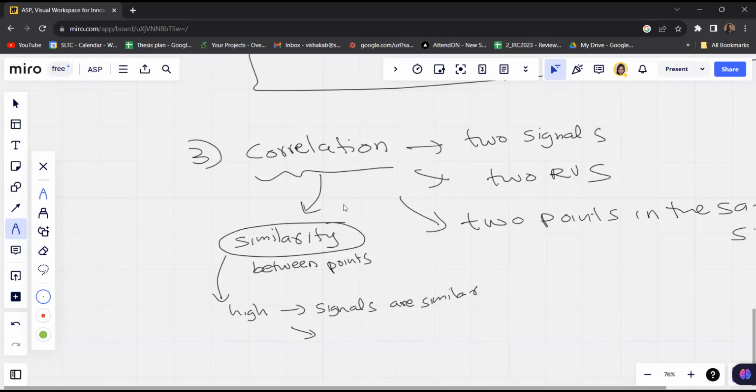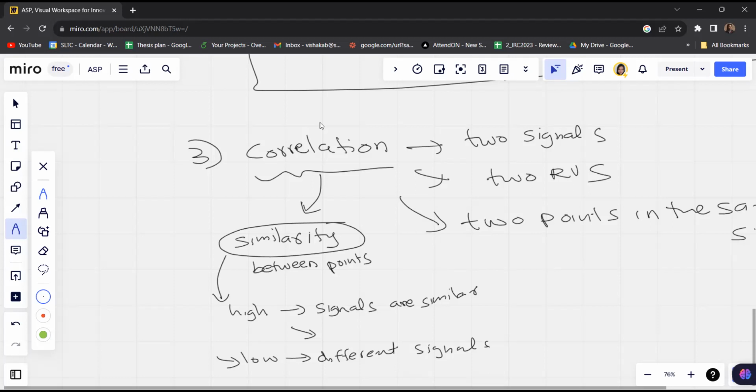And if the value of this correlation coefficient is low, then we know that there are two very different signals, right? So we use this correlation function to easily identify that without going through each and every data point in the signal. If the correlation value is low, we know that the signals do not have much similarity, they are different.